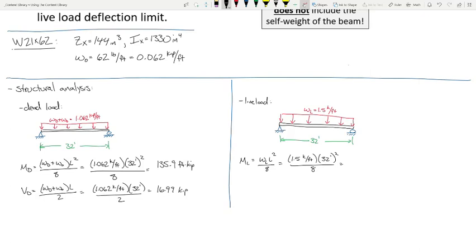This one ends up being 192. And this one is 24.